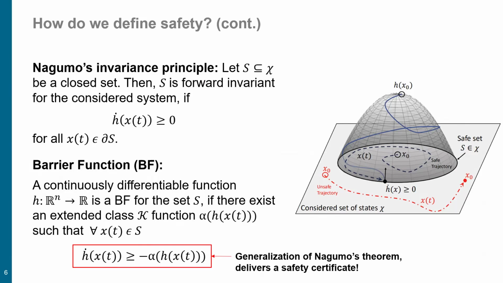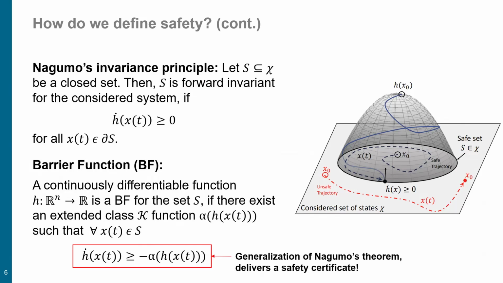So as you can see here, we still have this inequality approach, but now we have this function here instead of just the 0. And by making this function a function of the position within the safe set, we can generalize this to be used over the whole safe set.